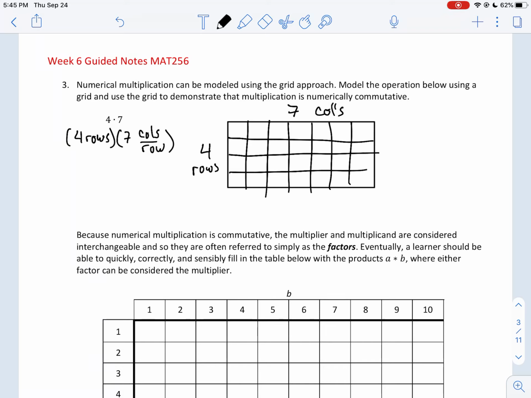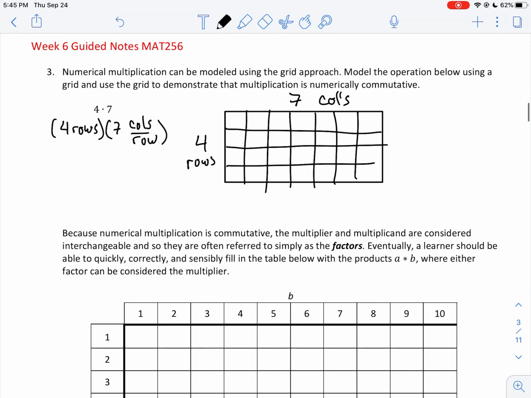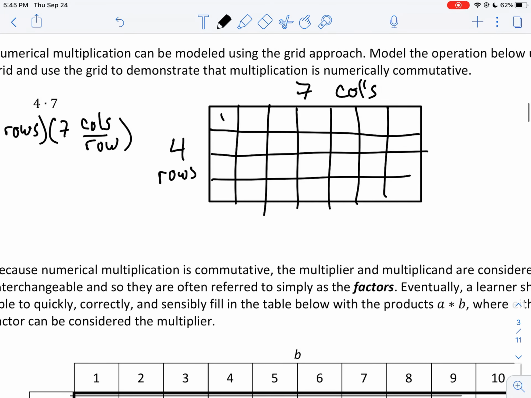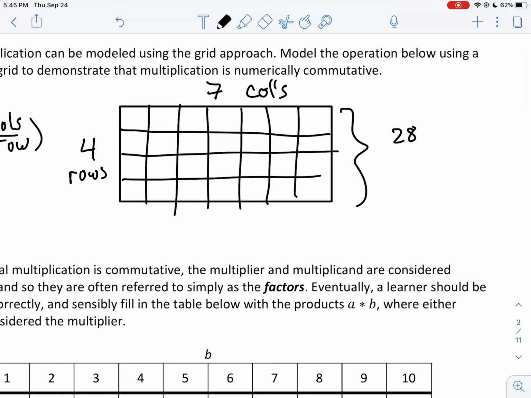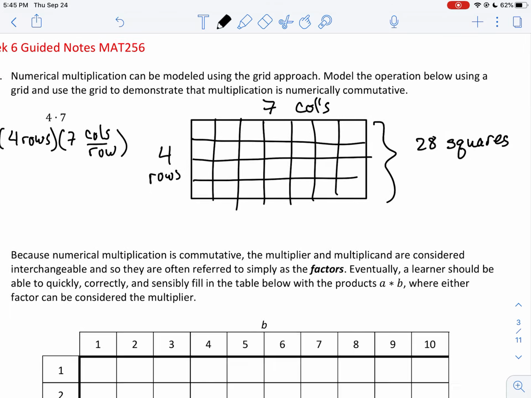And when you do 4 times 7, you're asking yourself how many little entries are in this grid, right? You can count them out if you wanted to. We have 1, 2, 3, 4, etc. And you're going to get 28 total. So let's just say that there are 28 squares in our grid.